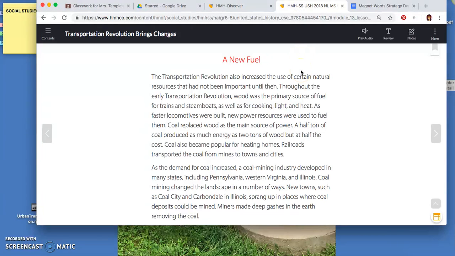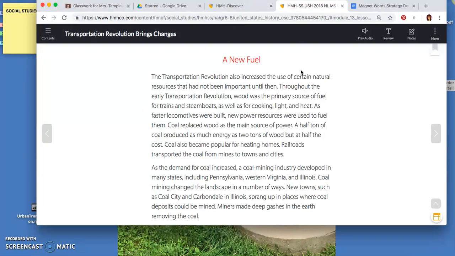A new fuel. The transportation revolution also increased the use of certain natural resources that had not been important until then. Throughout the early transportation revolution, wood was the primary source of fuel for train and steamboats, as well as for cooking, light, and heat. As faster locomotives were built, new power resources were used to fuel them. Coal replaced wood as the main source of power. A half ton of coal produced as much energy as 2 tons of wood, but at half the cost.